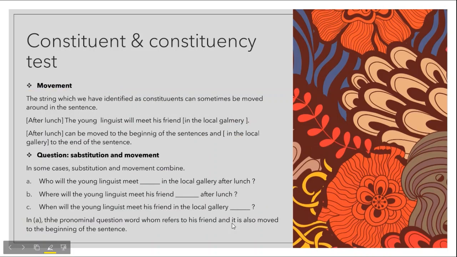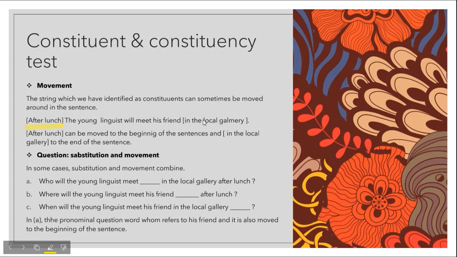The third test is movement. The strings which we have identified as constituents can sometimes be moved around in the sentence. After lunch, the young linguist will meet his friend in the local gallery. Okay, so هنايا after lunch قدرنا أننا نديرو لها الموفمنت بدلناها من جات من التالي رديناها الأول.